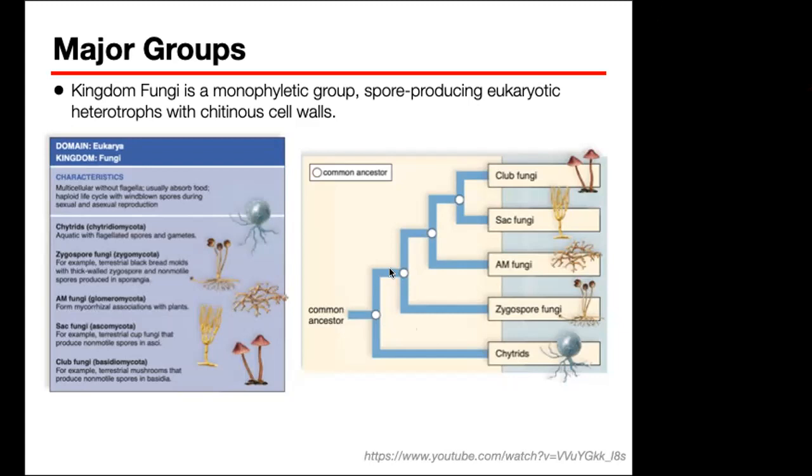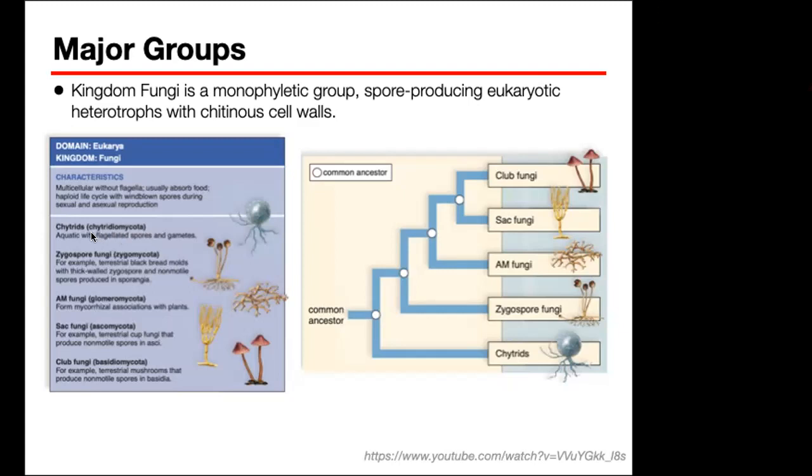From here onwards, we have our zygospores, our arbuscular mycorrhizae fungi, and then both club and sac fungi are monophyletic, and they share the same clade as shown here. And you can see on the right panel some of the salient features of each of these organisms.